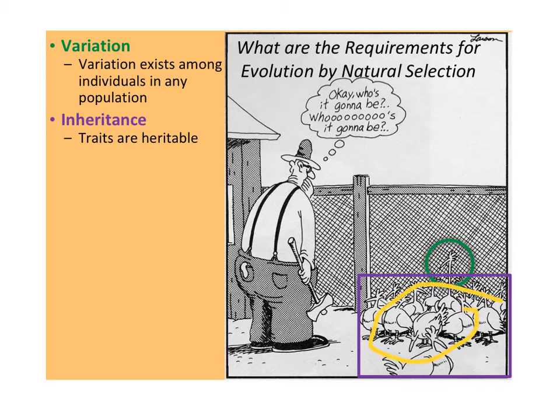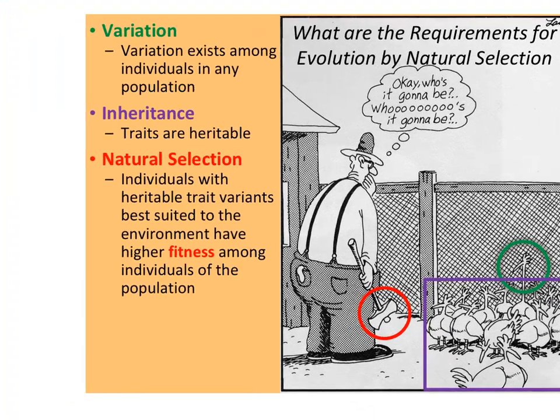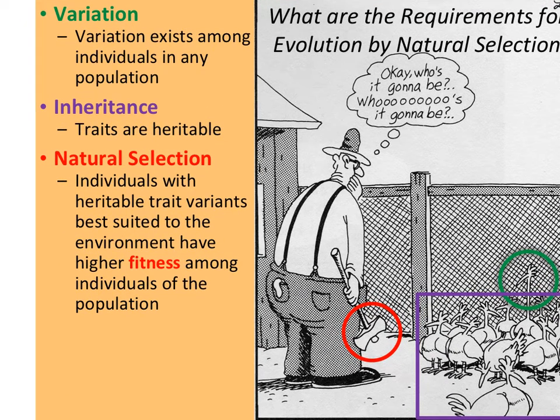Well, let's say being short and being tall is a heritable trait. If your parents were tall, you're likely to be tall. If your parents were short, you're likely to be short. Okay? So we've got those two. What's natural selection? Well, who's it going to be?